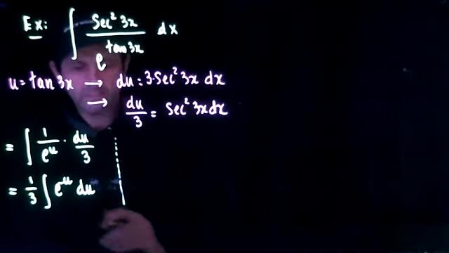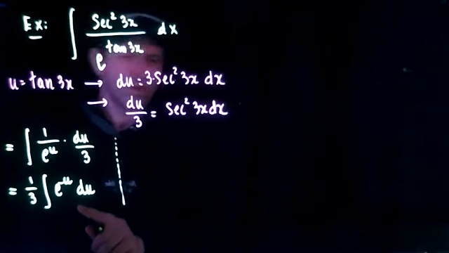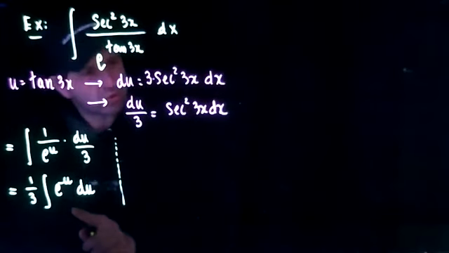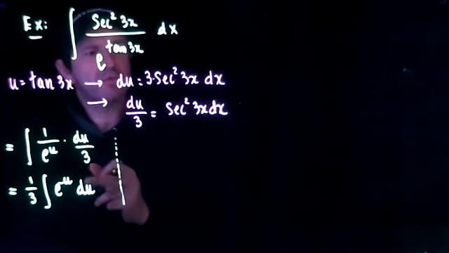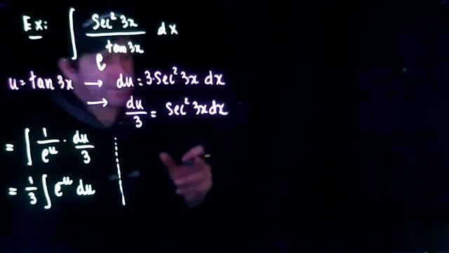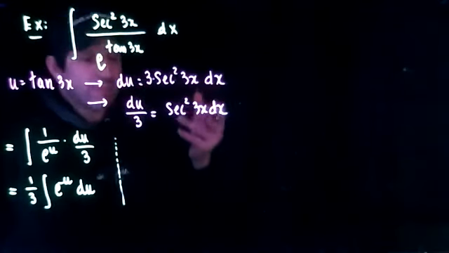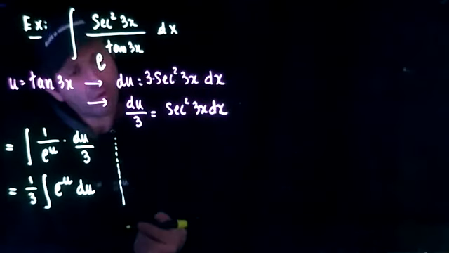Can we use the power rule? No, it's not the power rule. This is an exponential. So here you would have to do another substitution. We know that the antiderivative of e to the x is e to the x. But e to the minus x, unless you want to do it mentally, what should I derive to get e to the minus u?